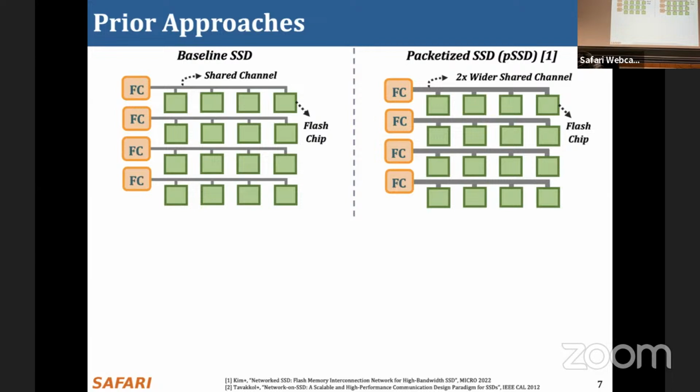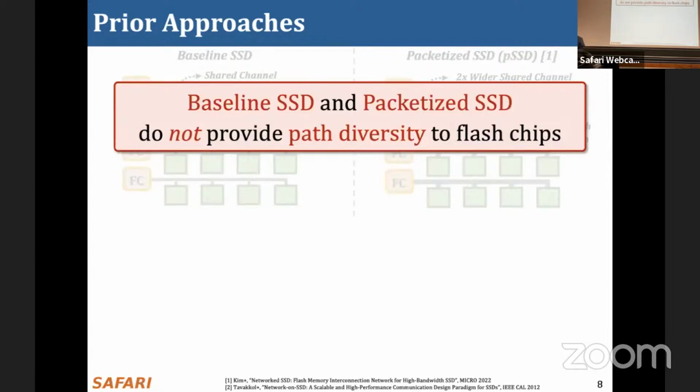So in this work, they move a part of the control, which is usually in the flash controller, and add that control unit inside the flash chip. That comes at the price of overhead, essentially. But now they can use 16 pins for sending a request. So essentially, they have a twice wider shared channel, and that provides higher bandwidth.